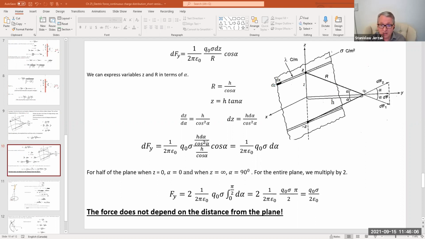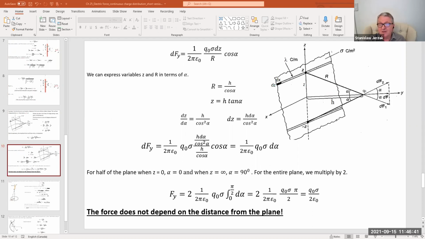So this is what I wanted to do regarding calculation of the force due to continuous charge distribution. In the tutorials, which I will record today and post on E-class, I will solve a few additional problems for different charge distributions. The lesson for you is that we can calculate the force acting on charge q0, any charge, due to any continuous charge distribution.